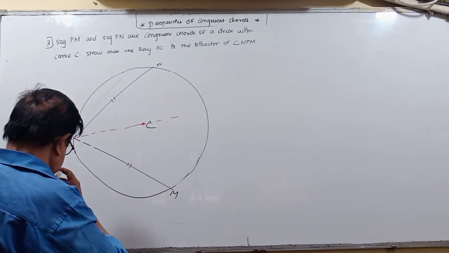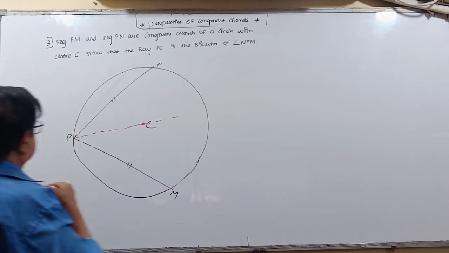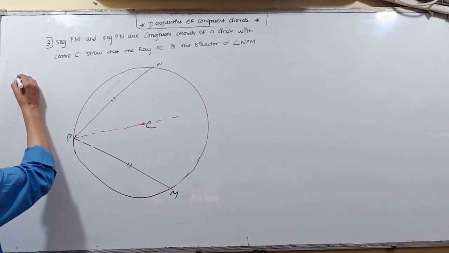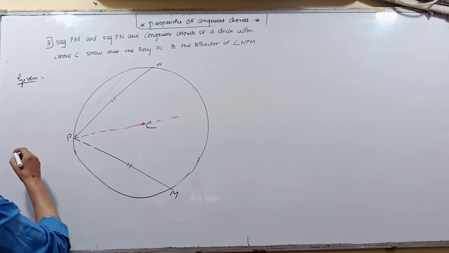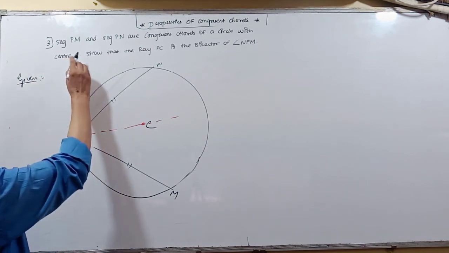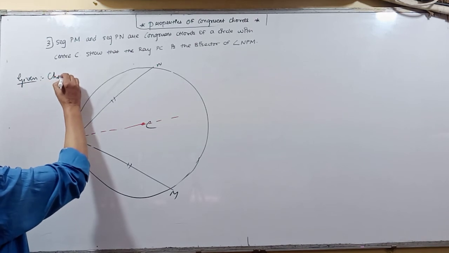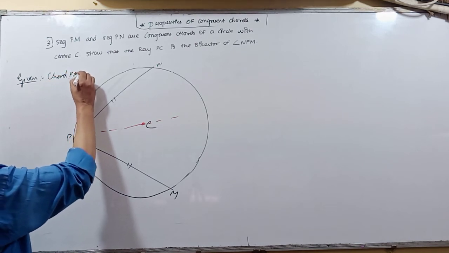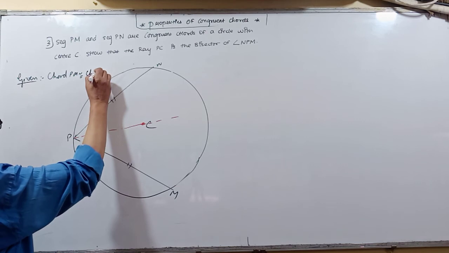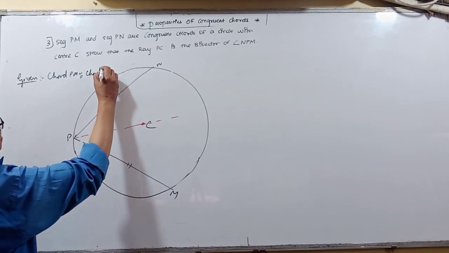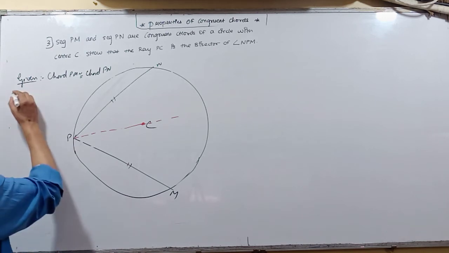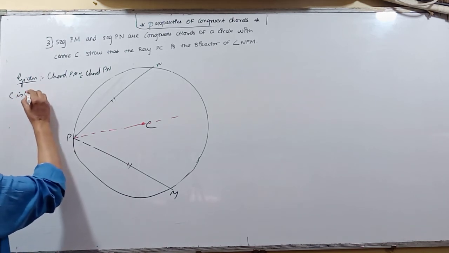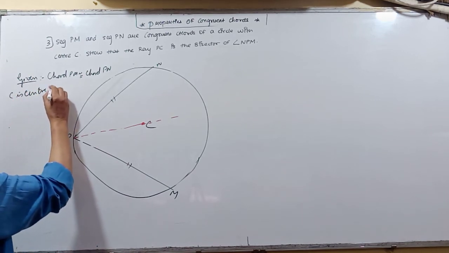Right. So we'll start. Given: chord PM congruent to chord PN. C is the center of the circle.